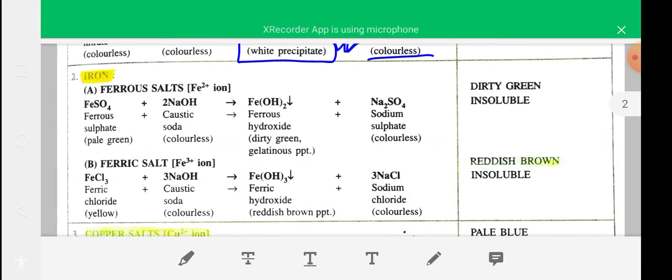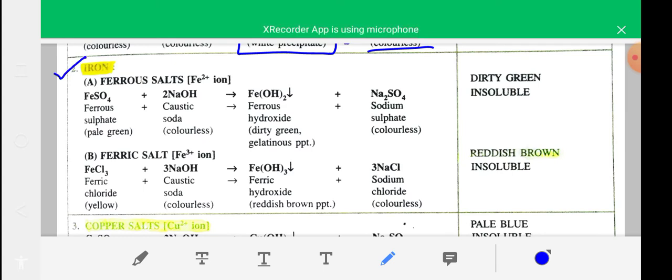Okay, next type of salt is salt of iron, that is ferrous sulfate and ferric sulfate or ferric chloride. So when ferrous sulfate, that is FeSO4, in which Fe2+ ion is present, is treated with sodium hydroxide or caustic soda solution, you will get a dirty green gelatinous precipitate of ferrous hydroxide, Fe(OH)2, and sodium sulfate.